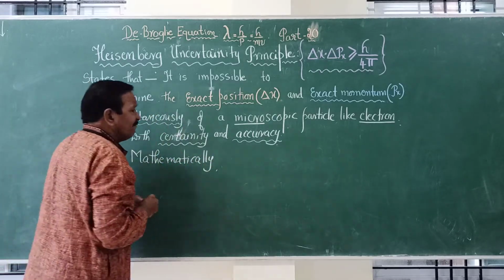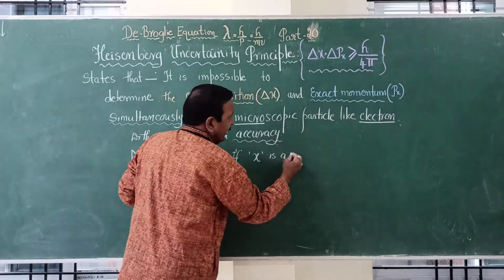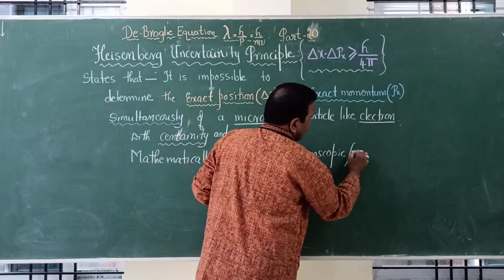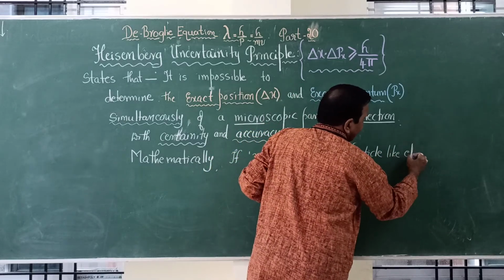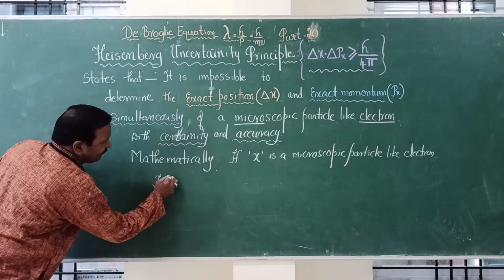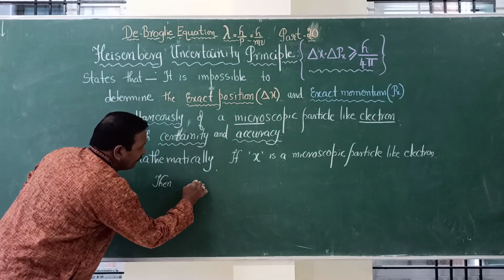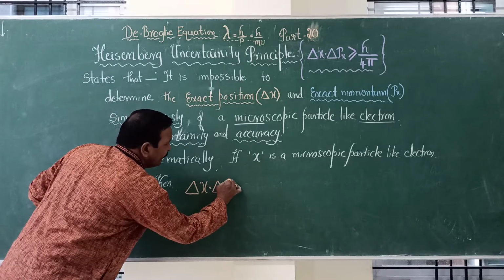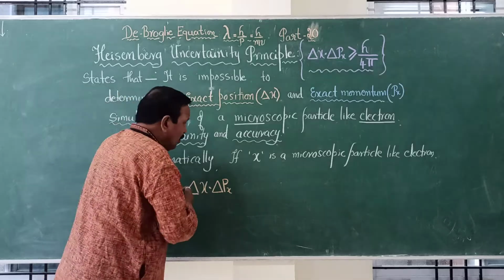Mathematically, if x is a microscopic particle like electron, then delta x into delta px, or delta rho x, the momentum, is not accurate.